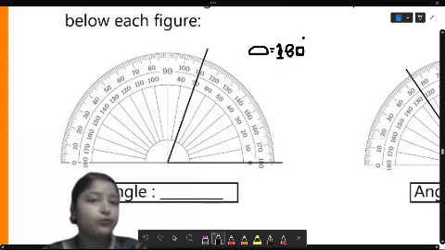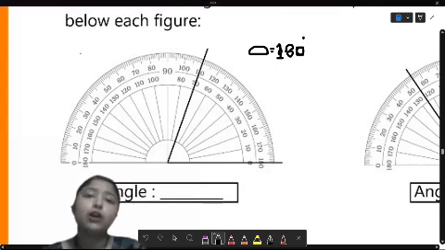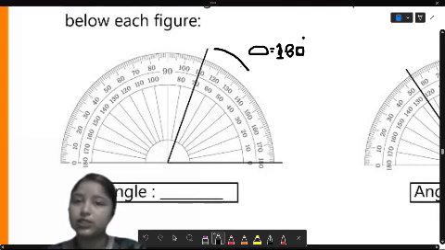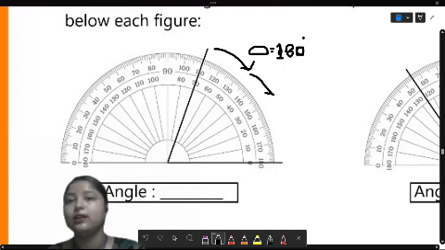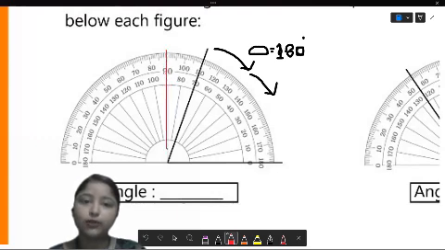So now let's begin with the basic things. When you are measuring towards your right, like towards this side, when the angle is leaning towards this side, I'm talking in the context of the right angle. Where is the right angle? As we all know by now, this straight line represents the right angle.